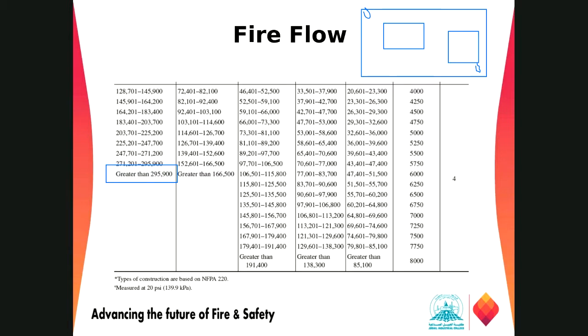They said that there is an industrial mill or small factory constructed by Type 5 construction, right? And the total floor area is around 167,000, right? So for 167,000 Type 5, we are at this location, because this is Type 5 construction.